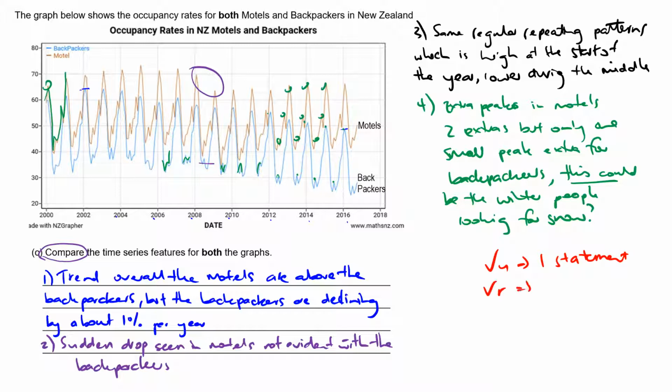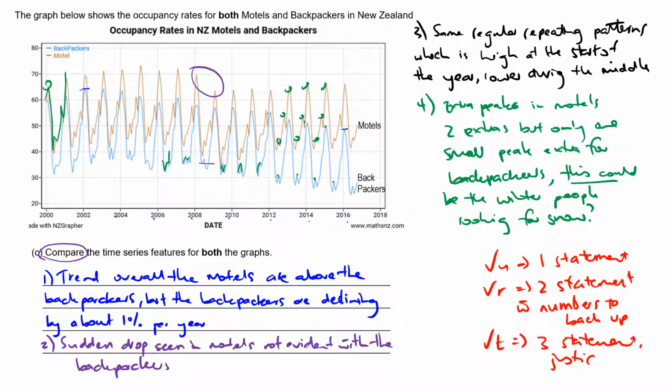You got a merit tick for two statements with numbers to back them up. And your excellence tick was three statements, justification, and numbers.